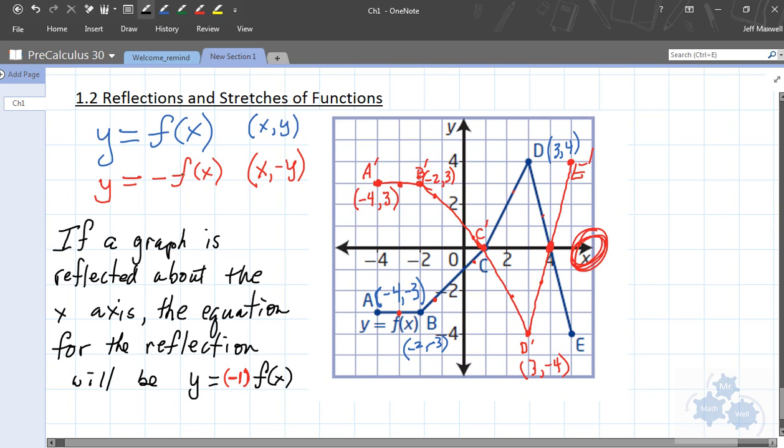So that's why it shows up just negative f of x. You're basically taking every y value and multiplying it by -1.